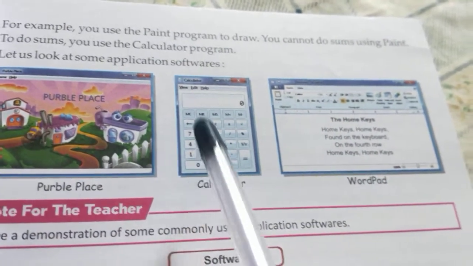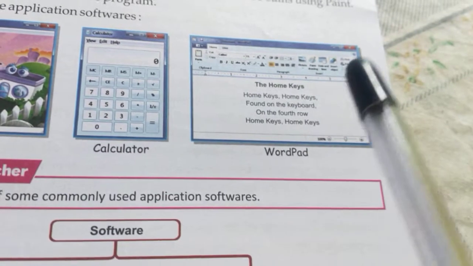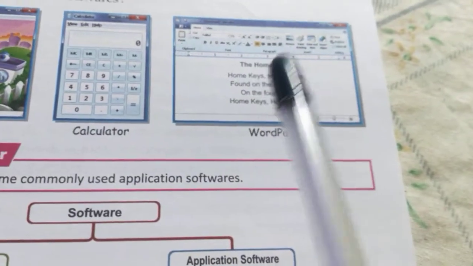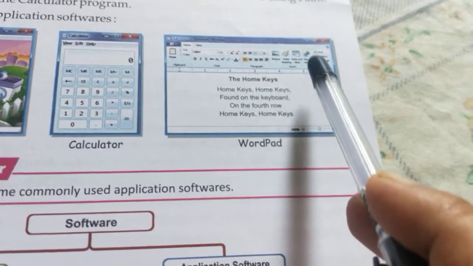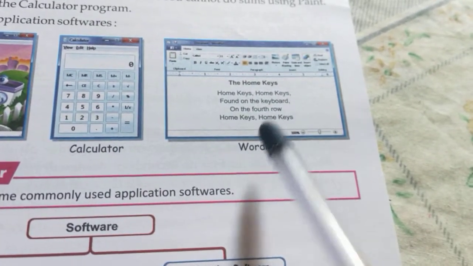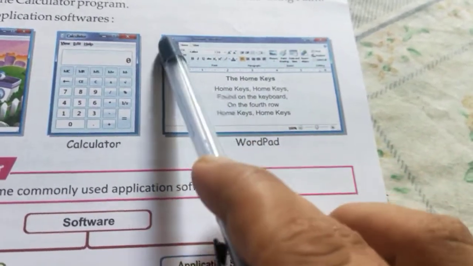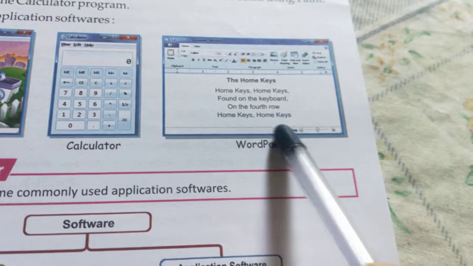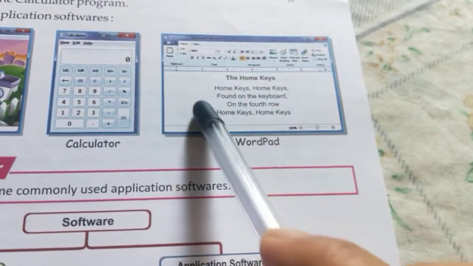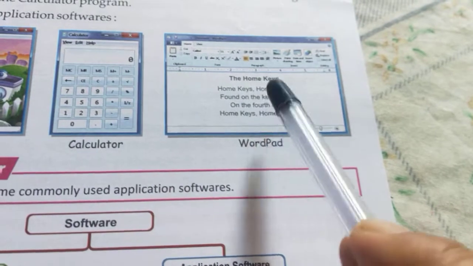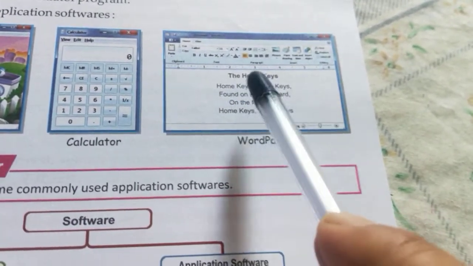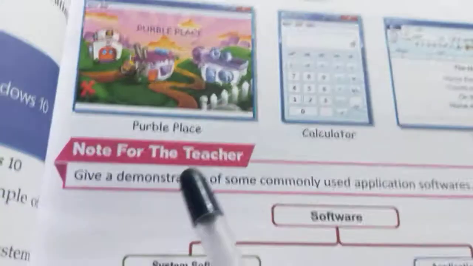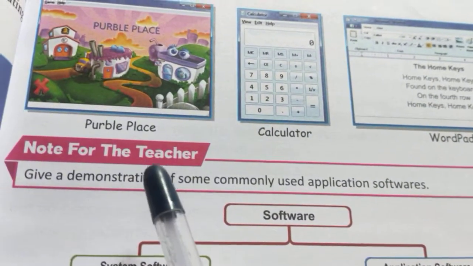Now if you want to type some words or write some letters in your computer, you have to use WordPad or Word software, Office Word software. Here you can type words or letters in the page.